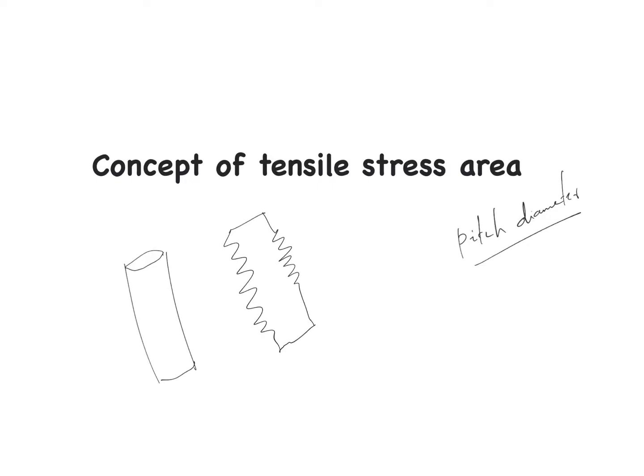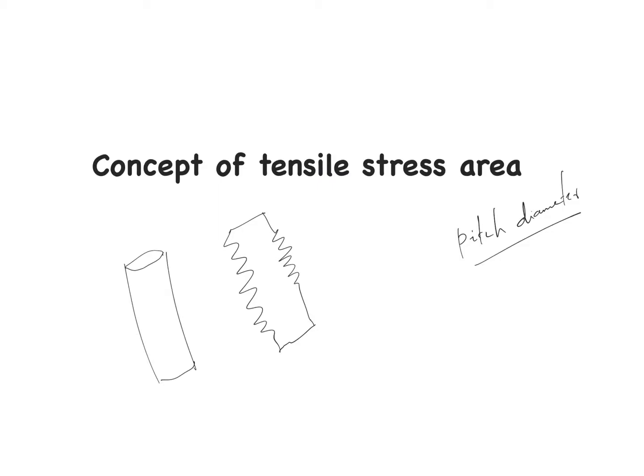Now you compare the tensile stress or the tensile strength of both these things, and you need an unthreaded bar which has the same strength as that of this threaded bar.